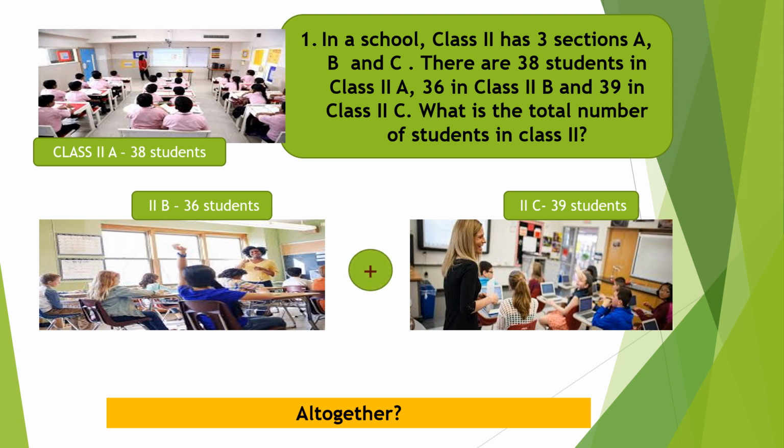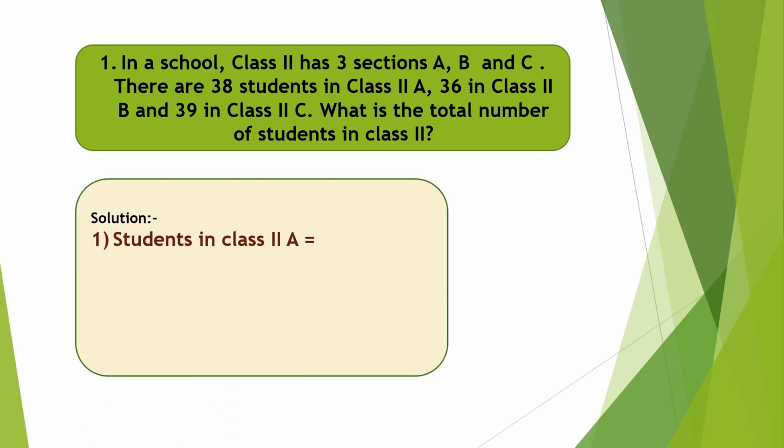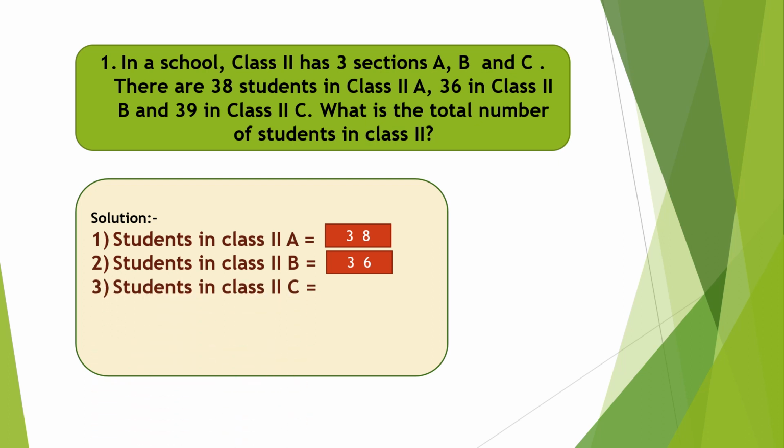So let's move and write the solution. 1. Students in class second A, 38. Students in class second B, how many? 36. Students in class second C, that is 39.